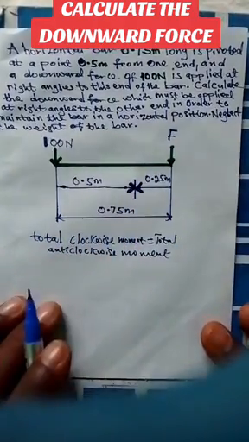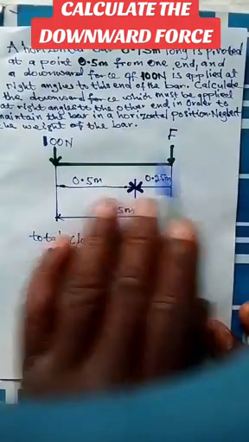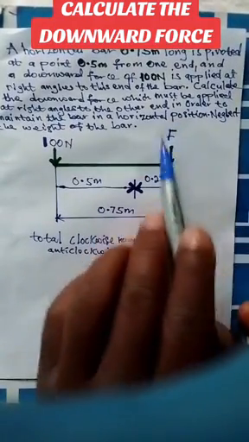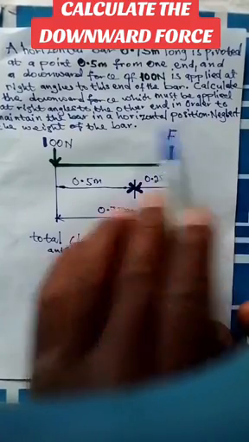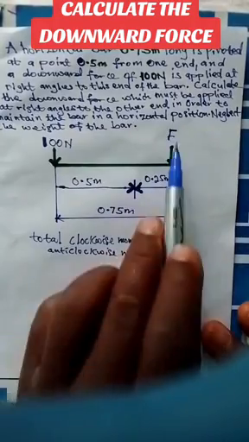So this is the formula. Let's start with this side. Since the downward force is the subject we are looking for, we say this times this.